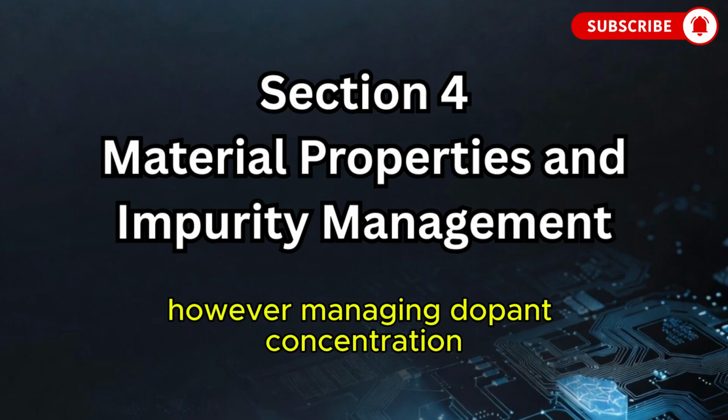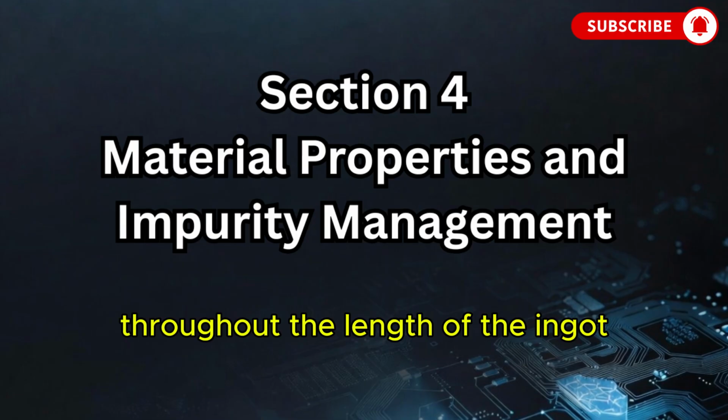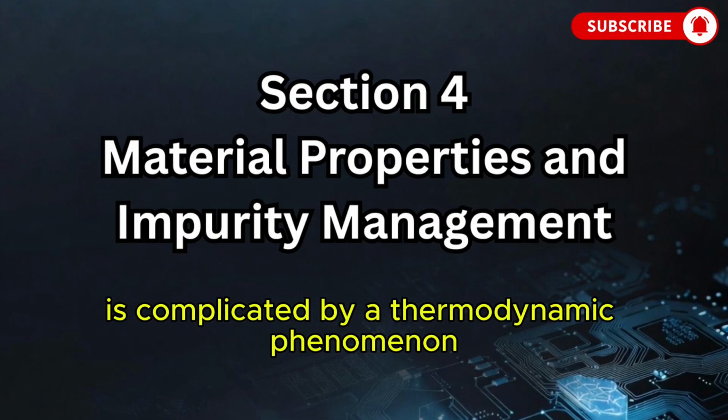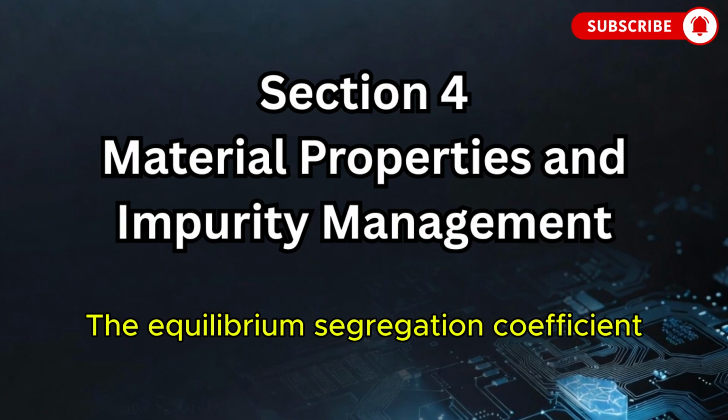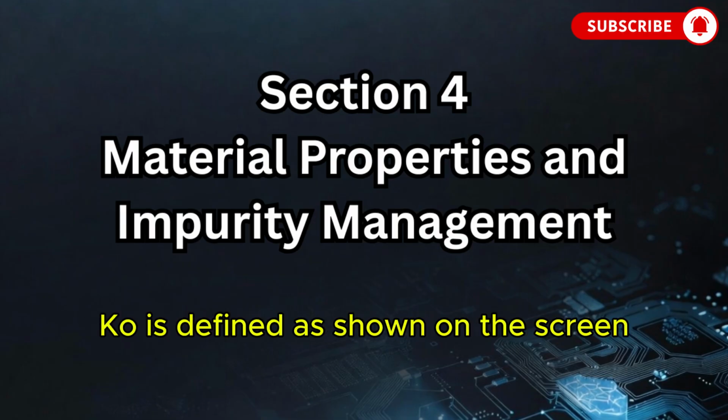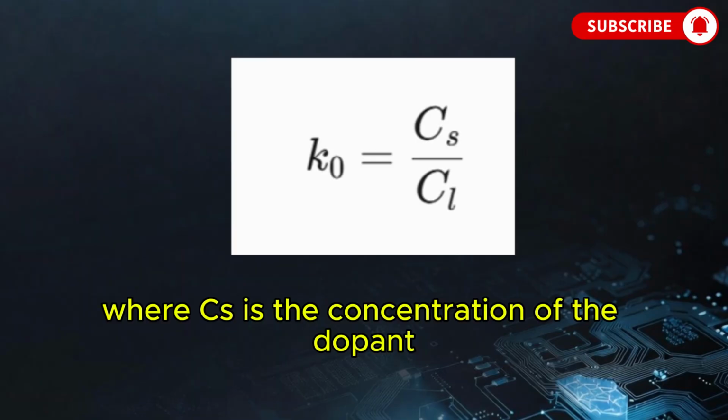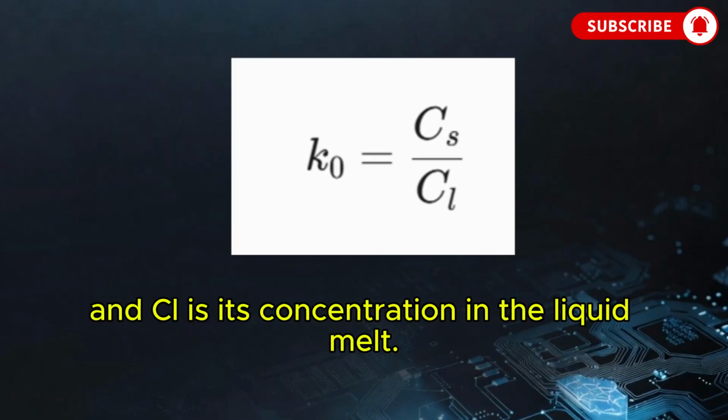However, managing dopant concentration throughout the length of the ingot is complicated by a thermodynamic phenomenon known as segregation. The equilibrium segregation coefficient, K0, is defined as shown on the screen, where Cs is the concentration of the dopant in the solid crystal, and Cl is its concentration in the liquid melt.